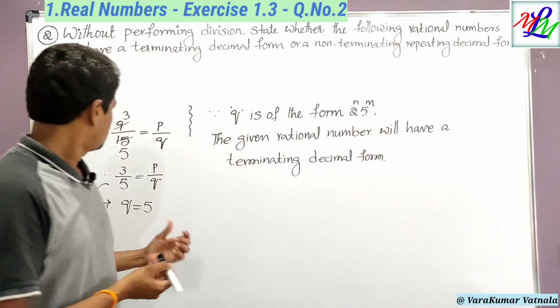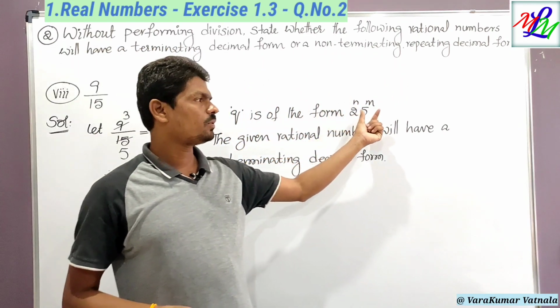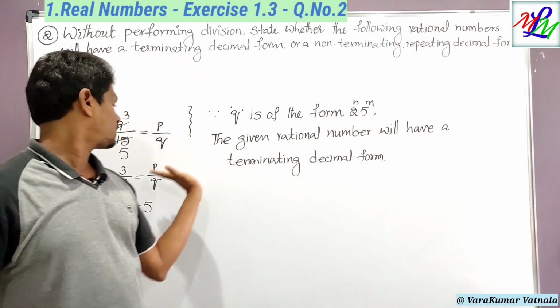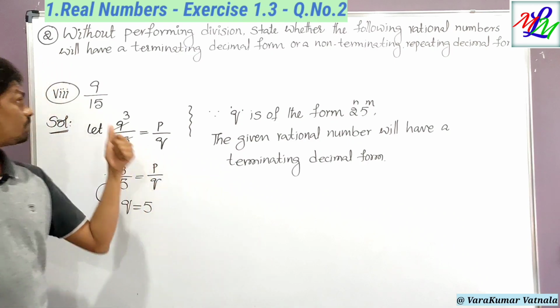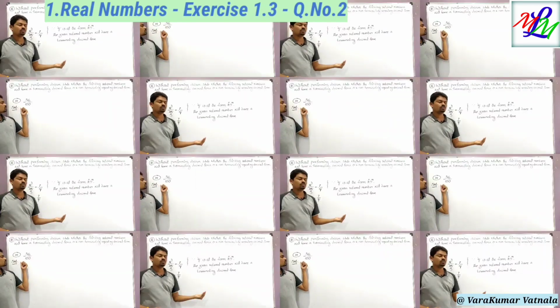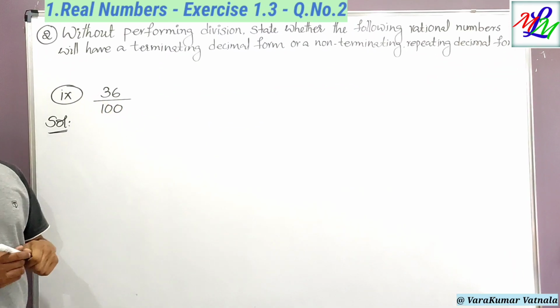So since q is of the form 5 to the power m, that is 5 to the power 1 here, the given rational number will have a terminating decimal form. This is the 8th bit. Next we have to solve. So this is 9th bit, 36 by 100.